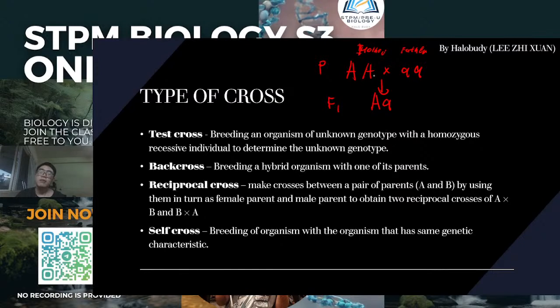When the father and mother breed together, they will produce offspring with this genotype. And then when this offspring back crosses, it interbreeds with one of these, either its mother or its father.